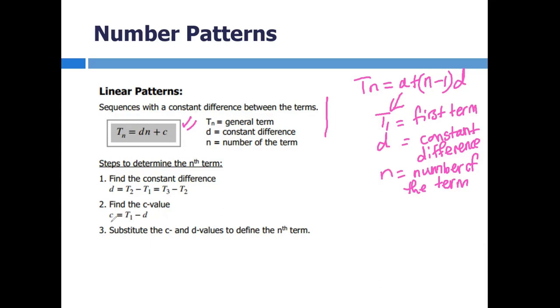Now, to find your C, you need to take your first term and subtract your D. So in a way, you are going backwards. Then you substitute your D and your C into the formula, and you have found your general term. So this is very important that we understand how to find our general terms.